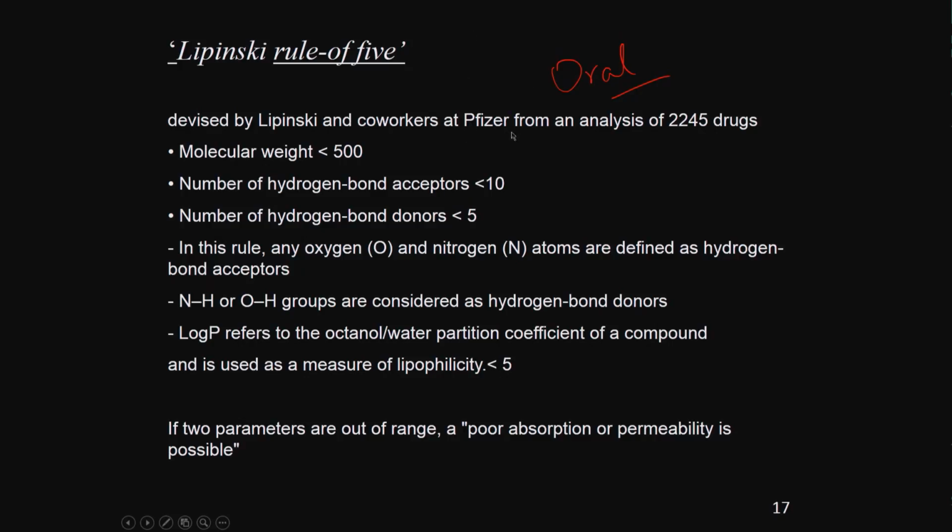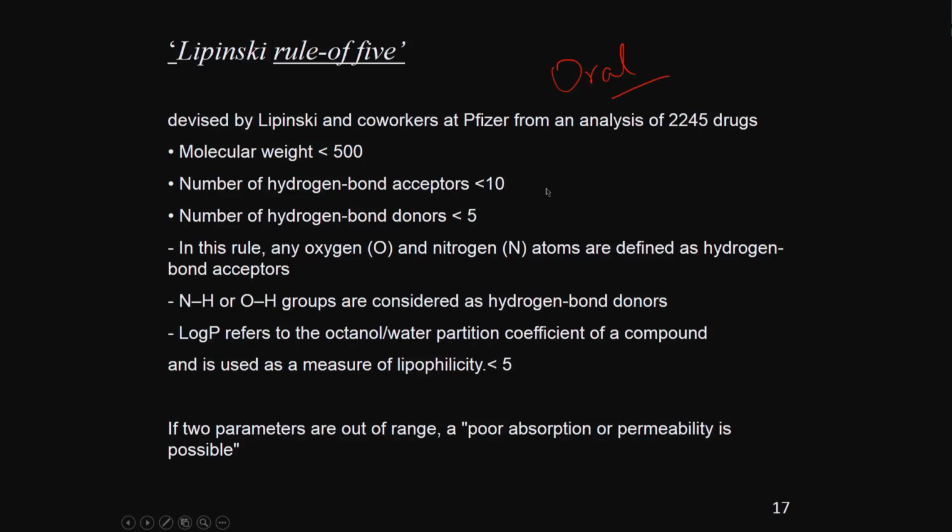Number of hydrogen bond acceptors less than 10, that is oxygen and nitrogen, are defined as hydrogen bond acceptors. Please note, if you have an acidic O minus, then it will not be an acceptor, but oxygen and nitrogen are defined as hydrogen bond acceptors. Hydrogen bond donors, that is NH or OH, should be less than 5. These are very important because they determine the hydrophilic, lipophilic nature of the molecule, plus also how they bind with various enzymes.